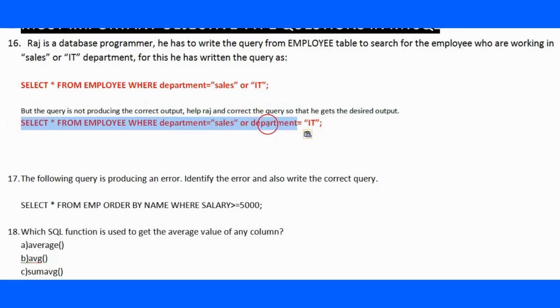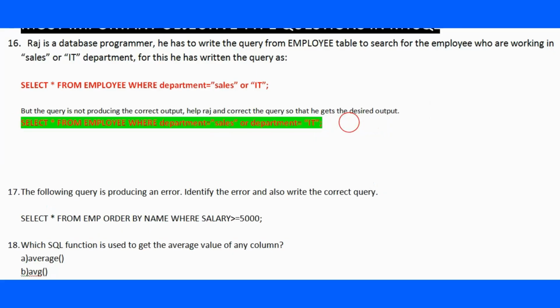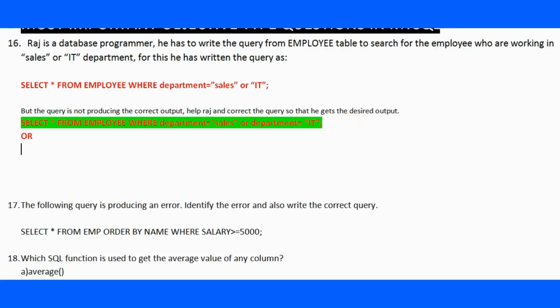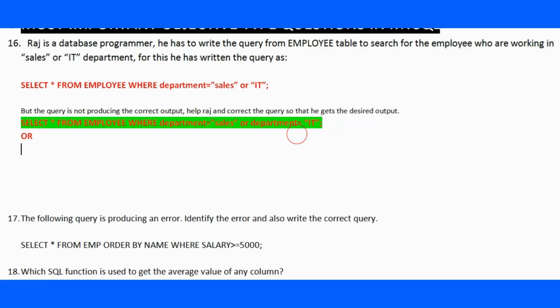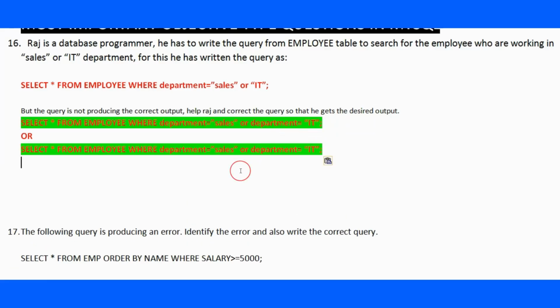This is the first way. And the second way is: select star from employee where department in sales or IT, by using the IN operator.